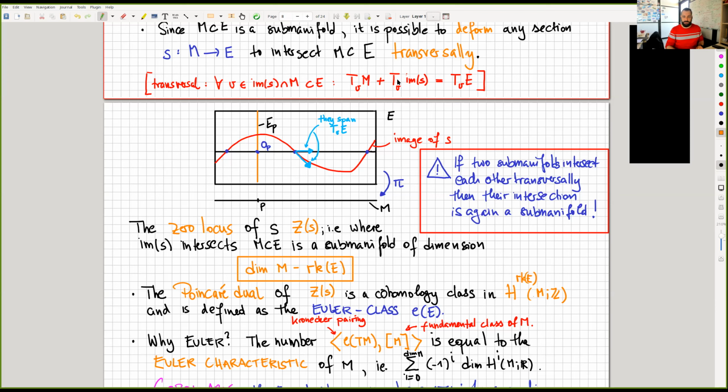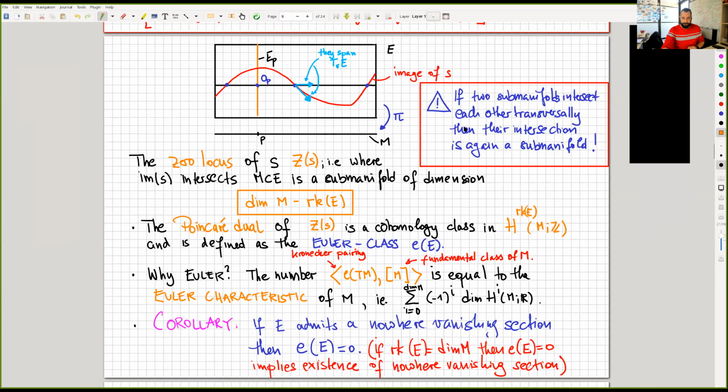This is also very nice. I mean, you can in certain circumstances, but if you have, for example, two manifolds which don't intersect transversely, you can make them just a little bit by deforming them to meet them transversely. This is very nice.